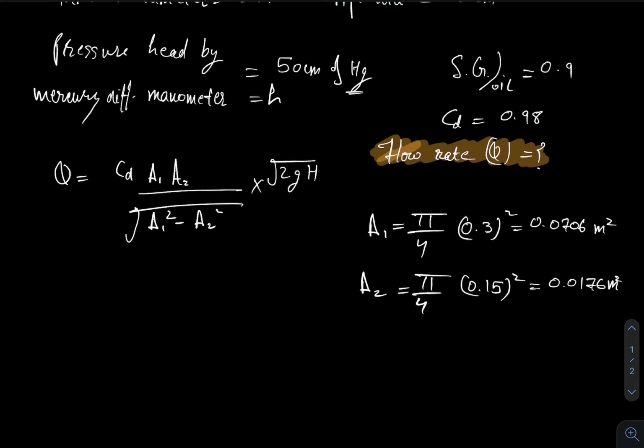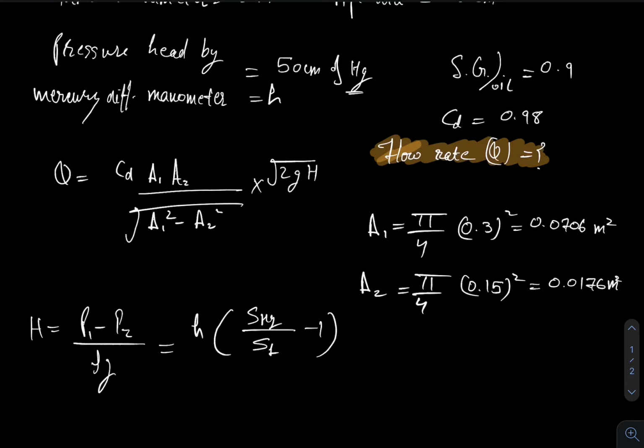So what is pressure head, capital H? So we know the value of g. CD is given to us. We have calculated A1 and A2. Now we are remaining with H. What is H? H is (P1 minus P2) upon rho g, right? Which is also equal to, how do we calculate the pressure head when using a differential manometer? It is equal to small h, that is given to us as 50 centimeter of Hg, multiplied by (S of Hg divided by S of the fluid that is flowing, minus 1). I hope you know where this comes from.